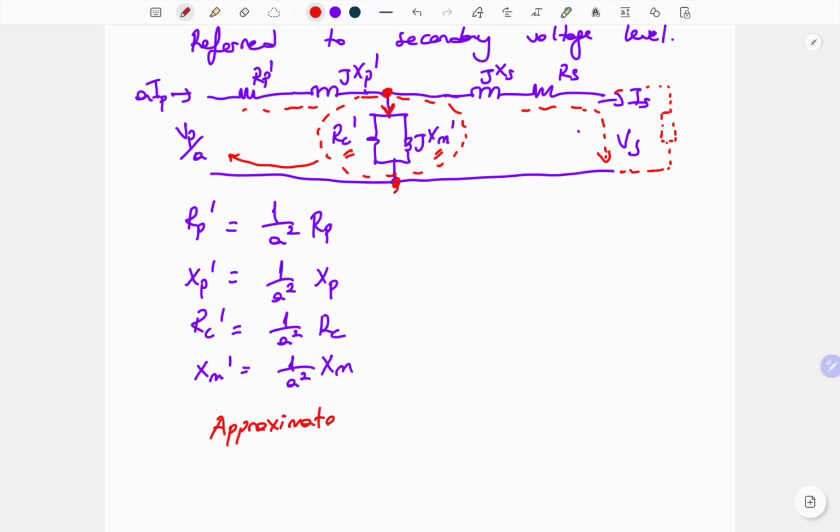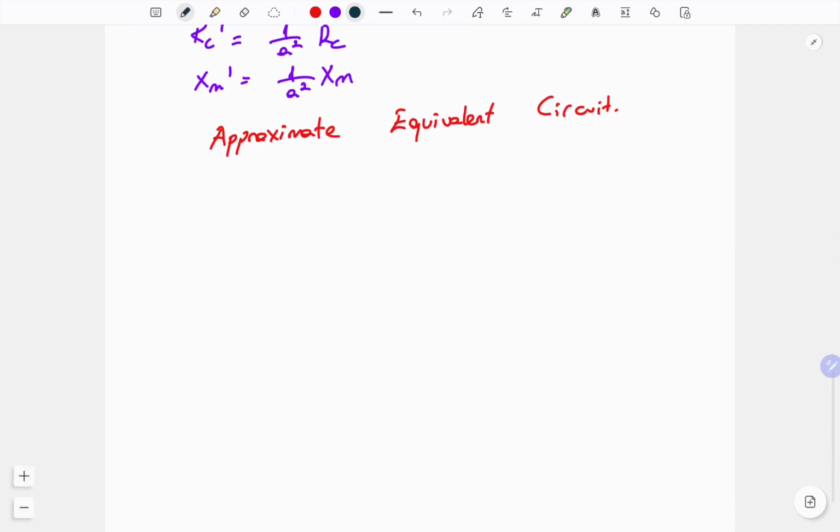For the approximate equivalent circuit, we can also examine the same system for the primary voltage level referred and secondary voltage level referred cases. So let's start with one of them.